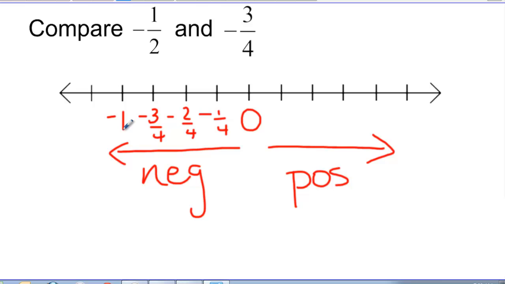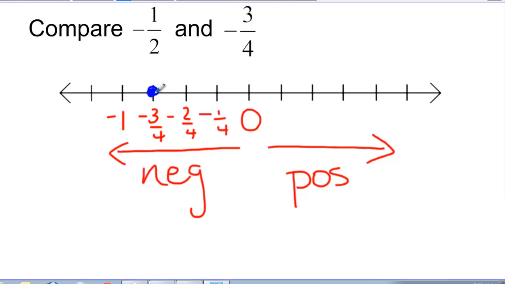And the reason I'm counting by fourths on my number line is because I have that number -3/4, and I also know that I can change -1/2 into fourths. And I'll be able to graph these on my number line. So if I look, -3/4 is going to be right here on my number line.